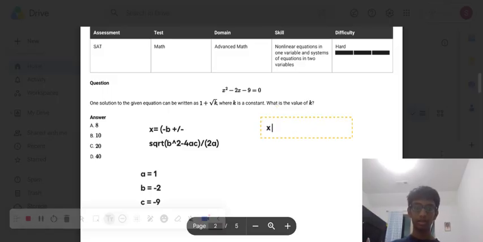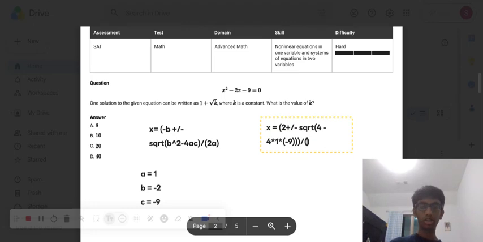We get x is equal to negative b, so negative 2 becomes positive 2, plus or minus the square root of b squared, so negative 2 squared is 4, minus 4 times a, which is 1, times c, which is negative 9, all over 2a, which is 1 times 2, which is 2.